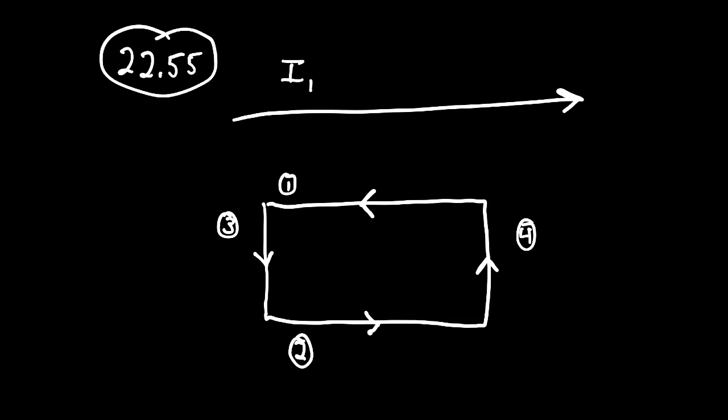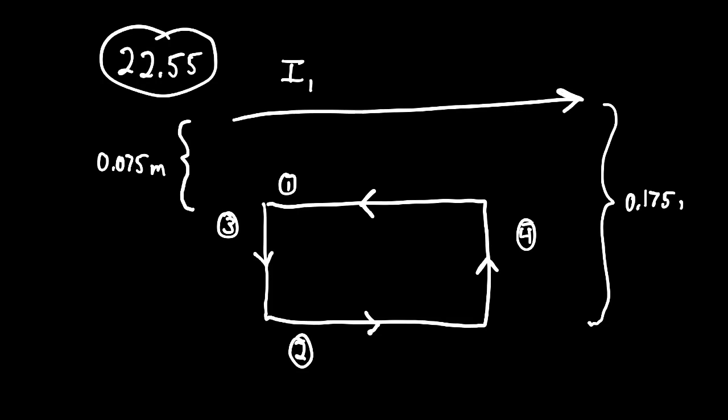They give us a couple other things in the text of the problem. They tell us that the top wire is 0.075 meters away, and this bottom one is 0.175 meters away.